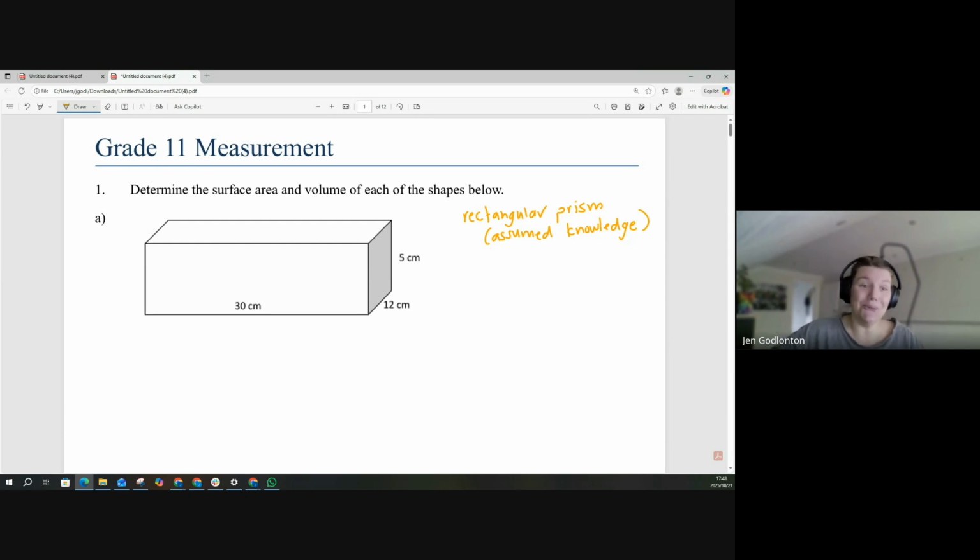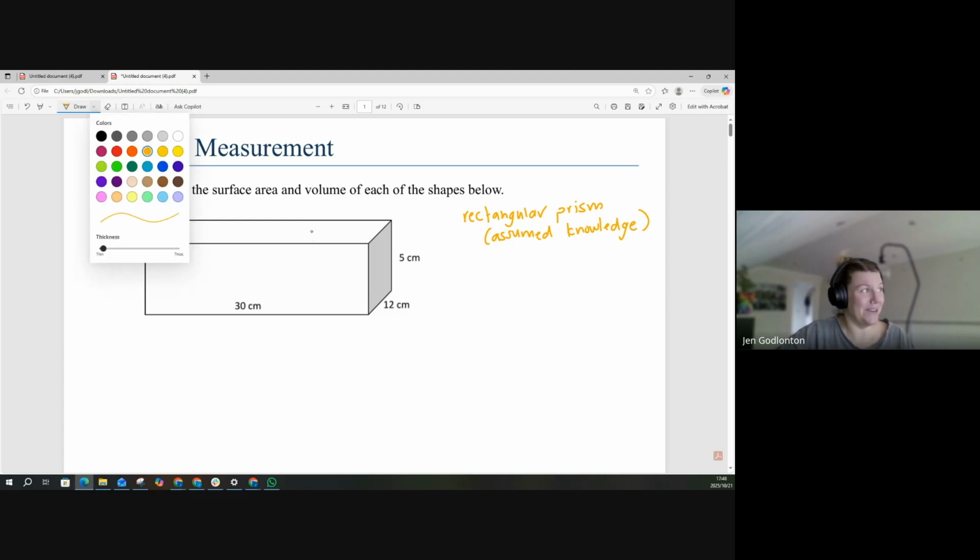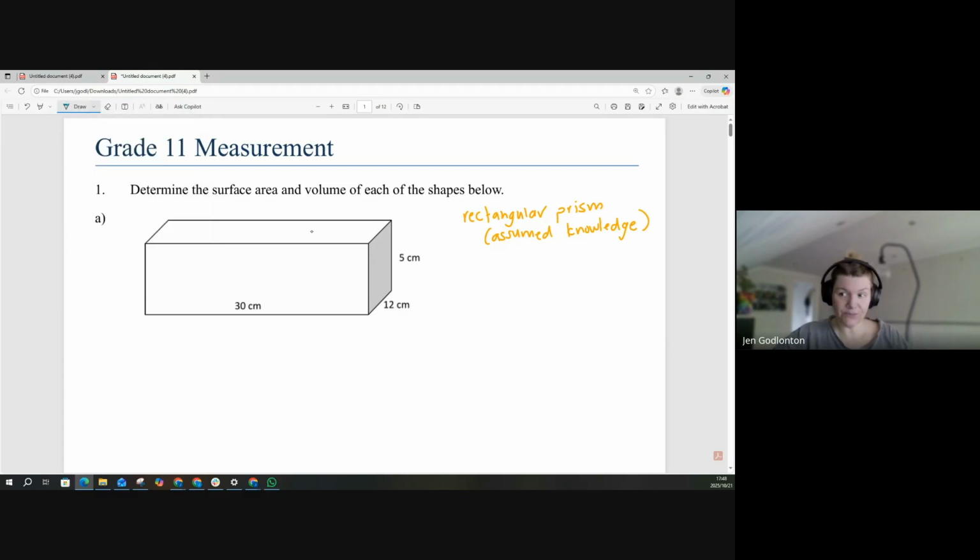Do you remember your surface area and volume, what the difference is between them? I know it's been a long time since we've talked about this. What's the difference between the two? Yeah, good. Surface area is your outside.